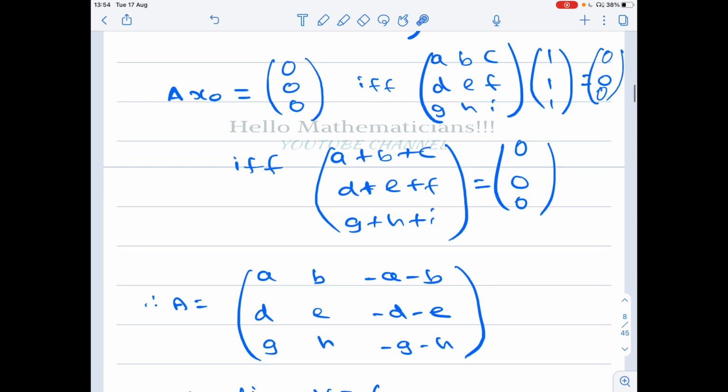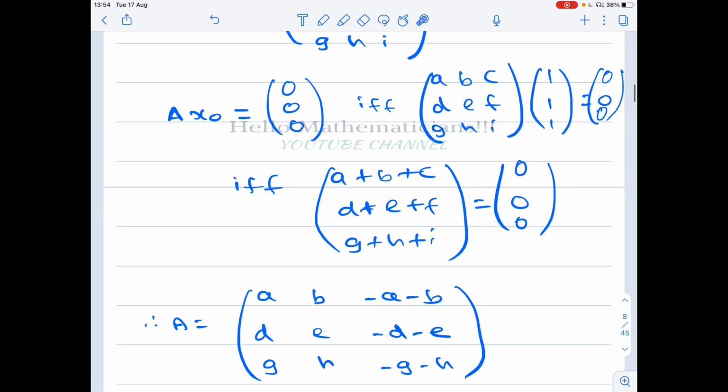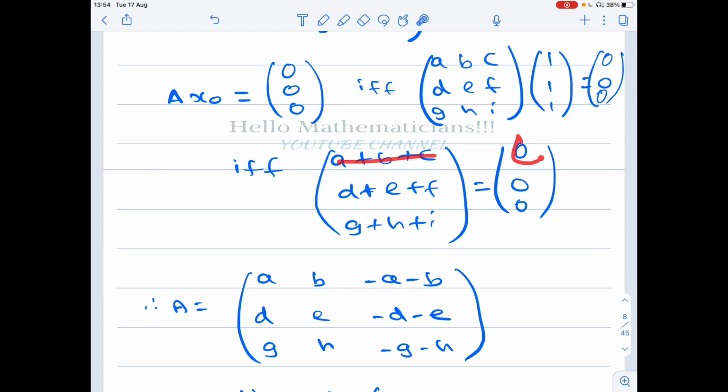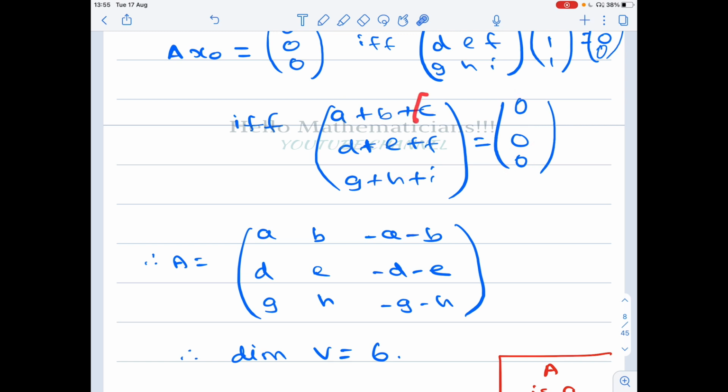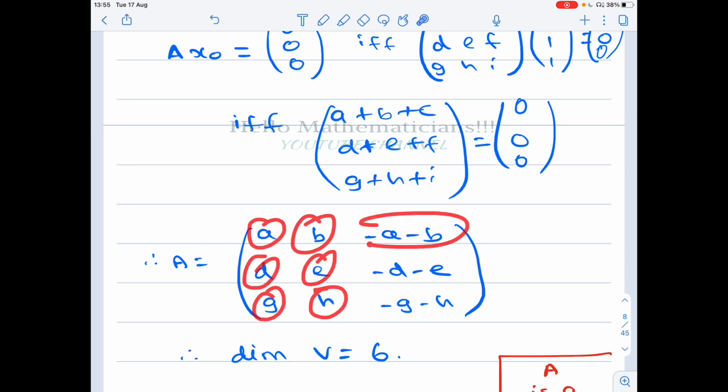That is the condition we are getting. So we can replace c by minus a minus b and the remaining entries also replaced suitably. Only these numbers are independent variables, and these are dependent variables. Therefore dimension of V is 6.